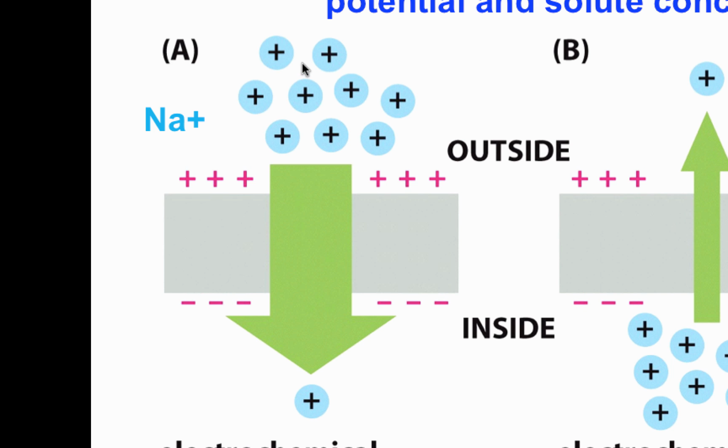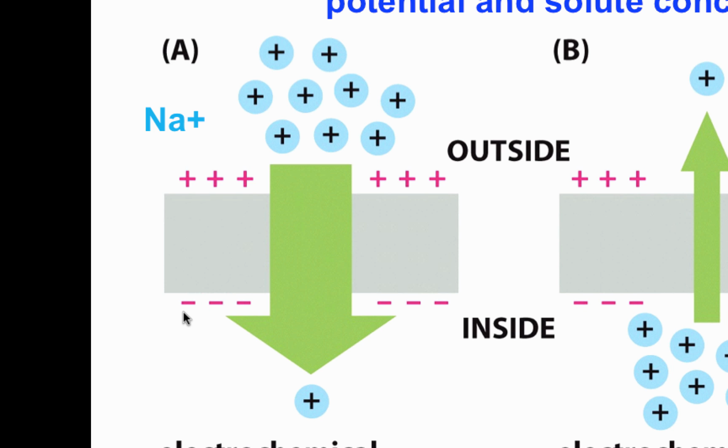That is going to have a force to direct sodium from the outside to the inside. But that also generates a membrane potential. That membrane potential is a charge across the membrane, and in this case, the outside of the membrane is usually really positively charged, and the inside cytoplasmic region of the membrane is very negatively charged.